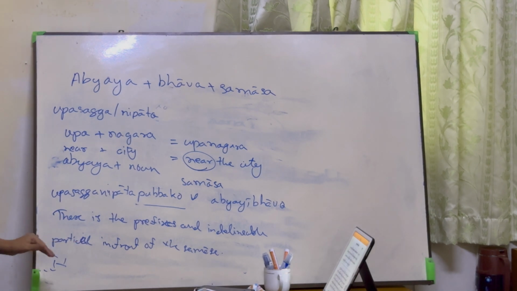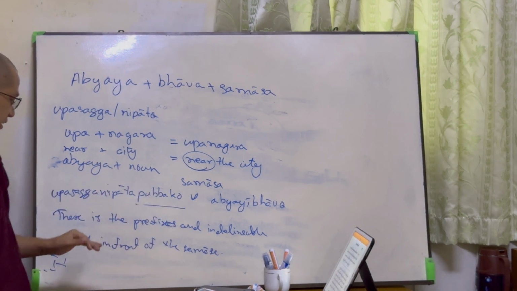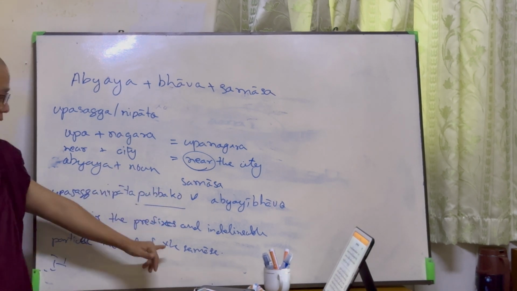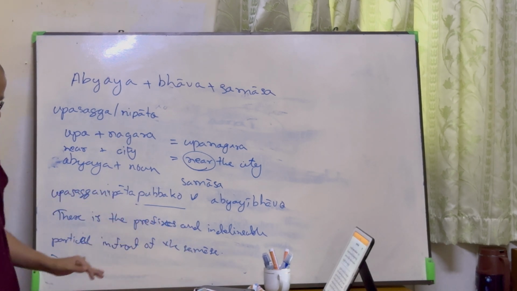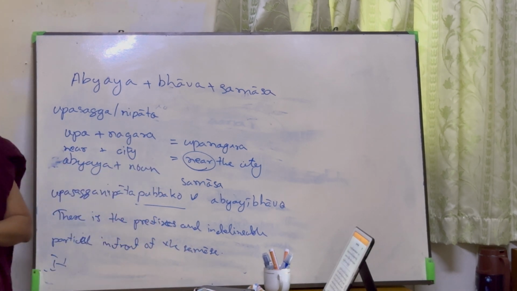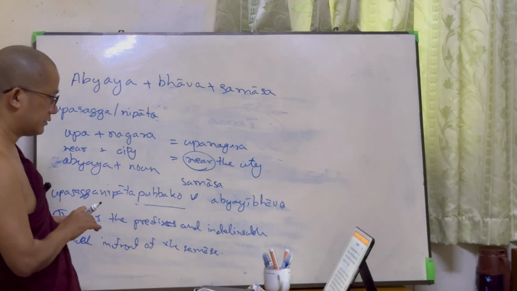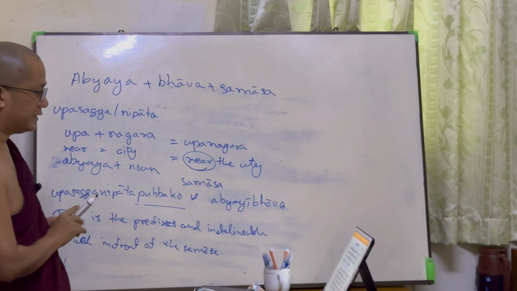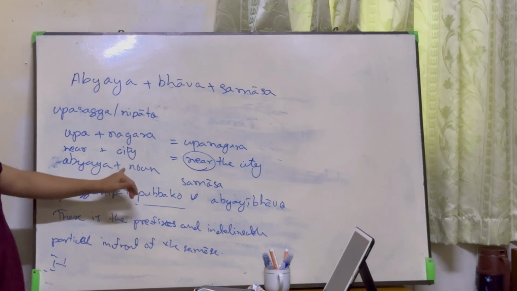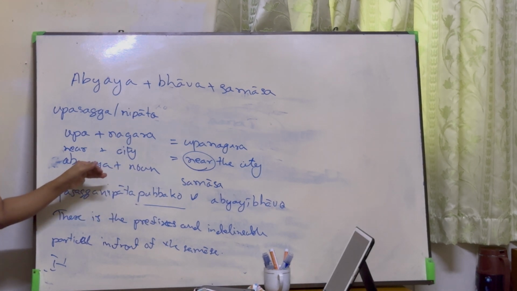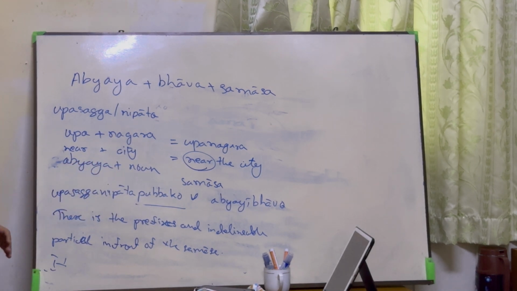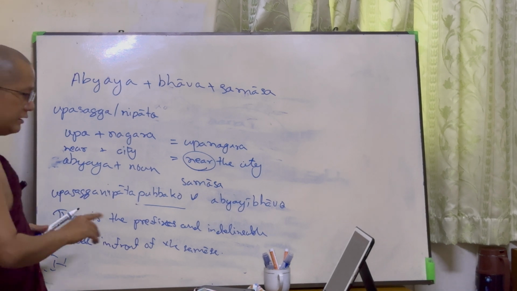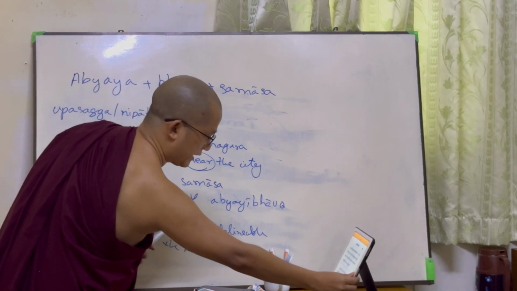That sutta means there is a prefix and indeclinable particle in front of the Samāsa. It is called the Abhyayibhava Samāsa. According to this sutta, this is the name-giving sutta, not the special meaning. When we see other examples, we can get this.